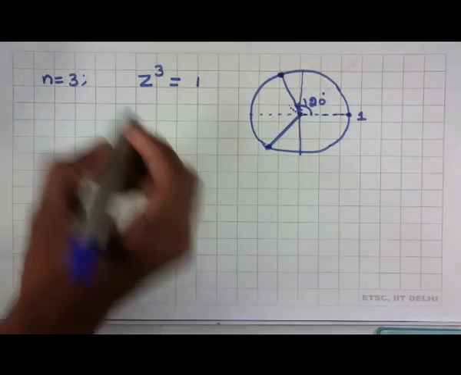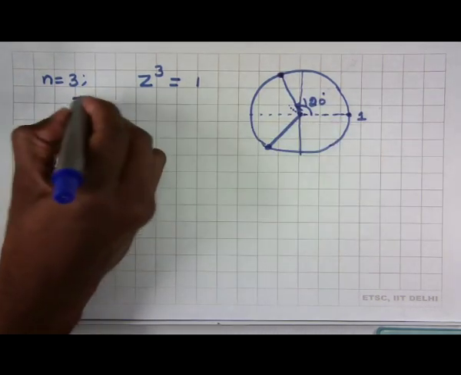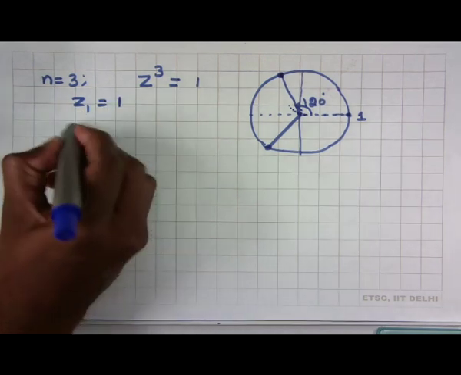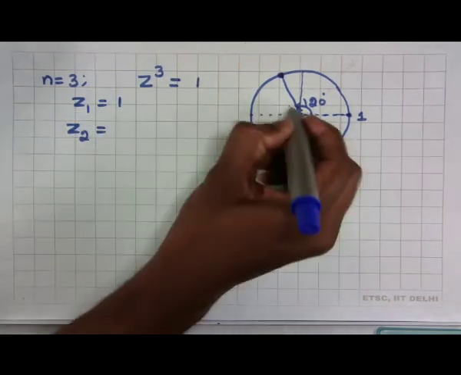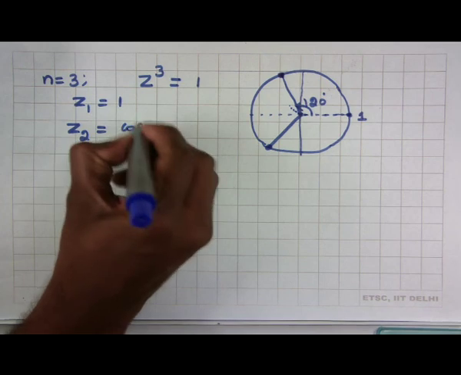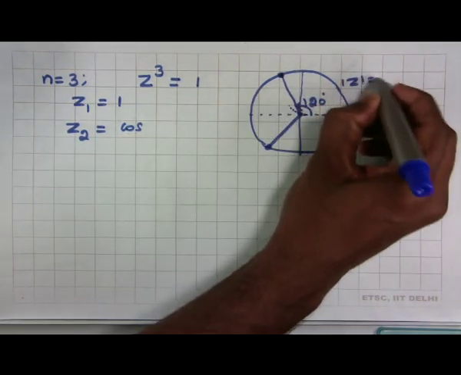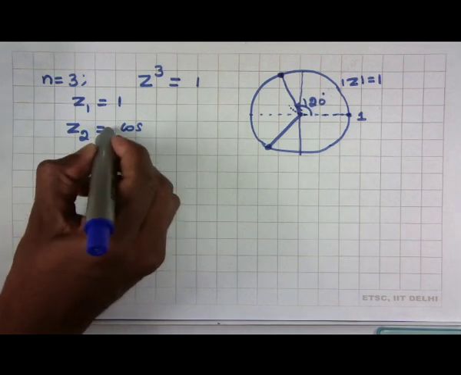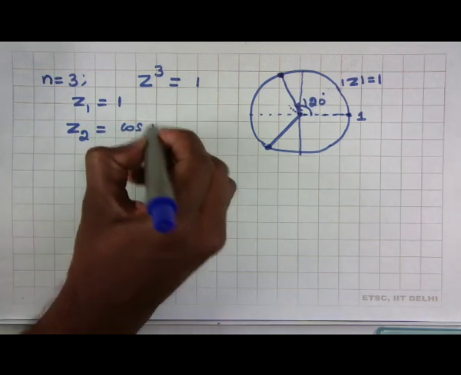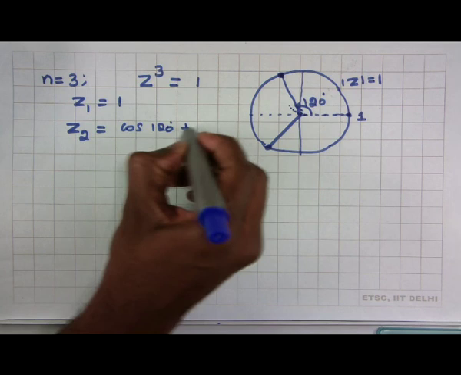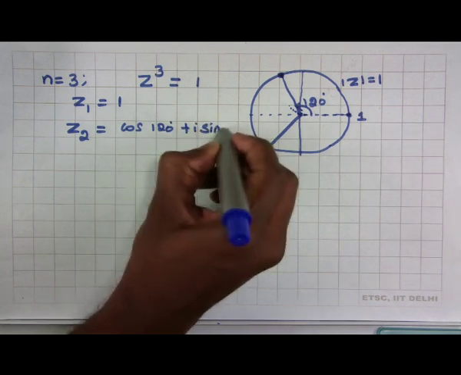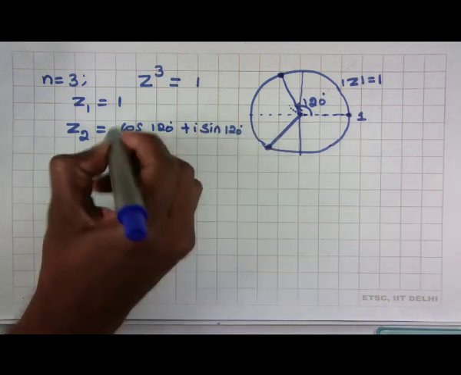What is it? Let us call Z1 as 1, and Z2 as the term with the angle, which is cos of, since we have collected a point from modulus 1. So, the modulus of this number is 1 and the angle is cos 120 degree plus I times sine 120 degree.